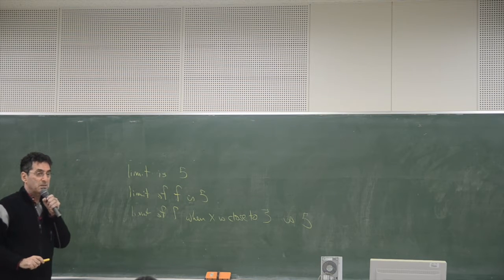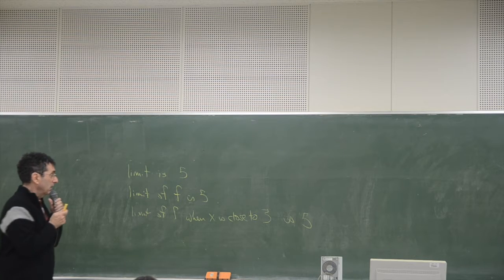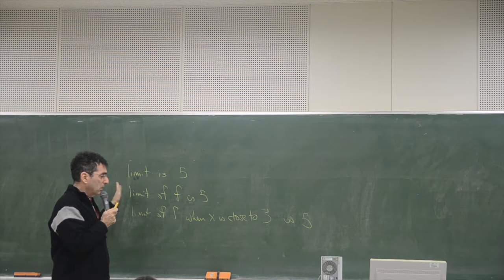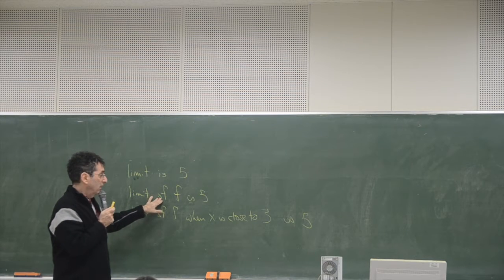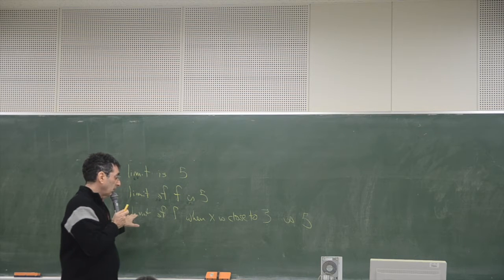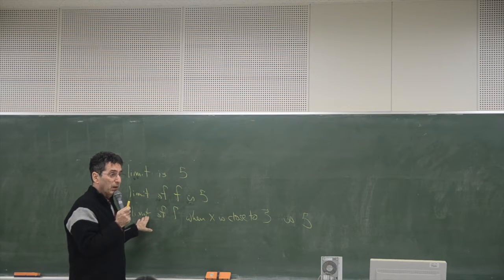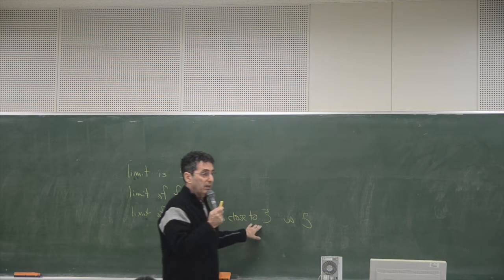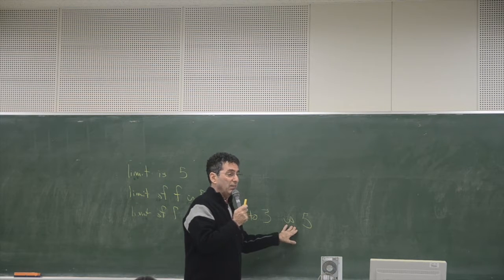Sorry, I said close to 5 by mistake. Okay, so that's being more clear. If you're being sloppy, you just say the limit is 5. But the limit of what? The limit of f is 5. Where, though? Not just everywhere, but specifically when x is near 3, the limit is 5.